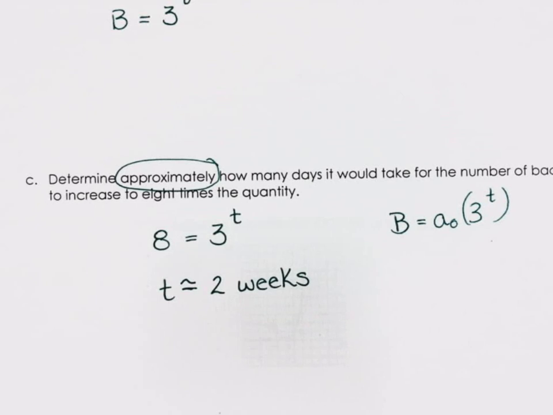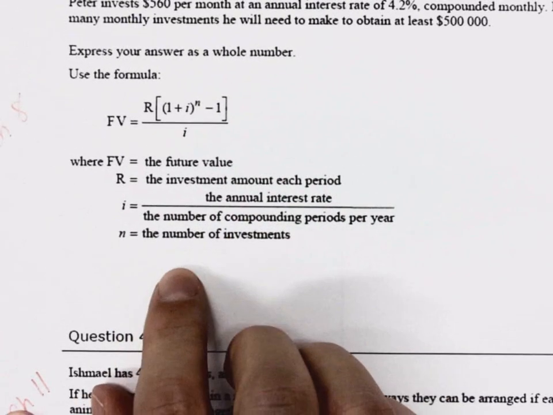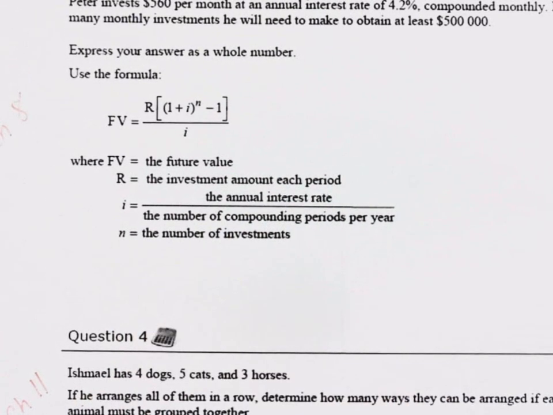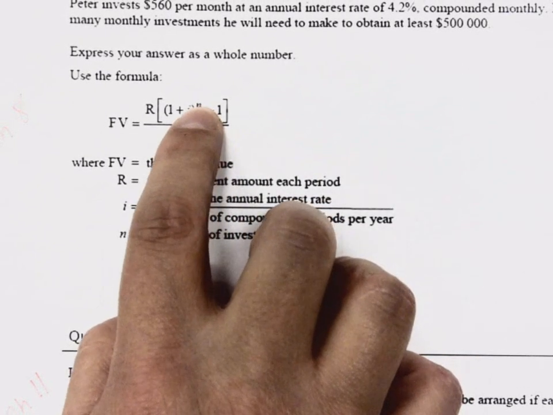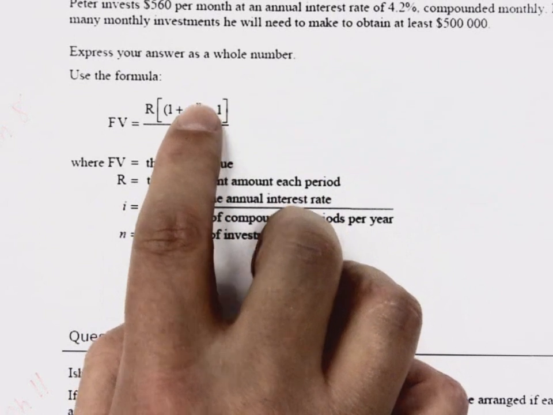If you look on the exam that I gave you guys, it's a financial one. So it's future value. This would be something that we do in essentials when we're calculating future value of investments or savings. The difference between pre-calculus and essentials is we might use this formula, but in essentials, you'd always be given n, and in pre-calculus, we're going to find n.